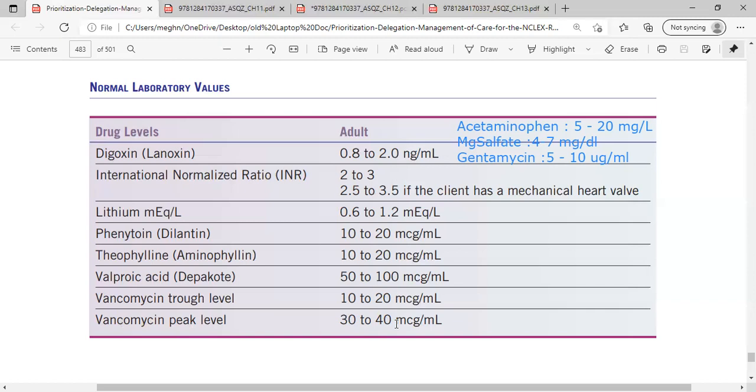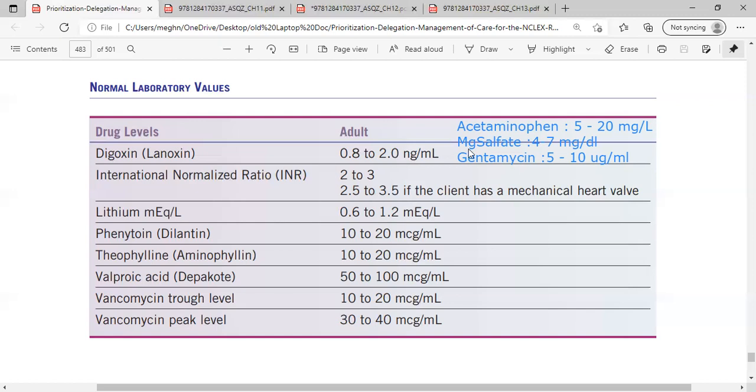Vancomycin is an antibiotic, antimicrobial, used for serious infection. Vancomycin has an ototoxic effect or renal toxicity effect. And it can also cause infusion reaction or phlebitis.